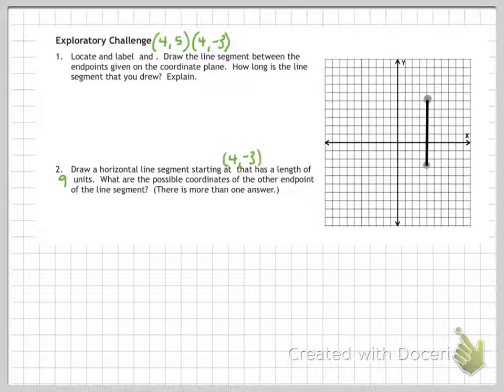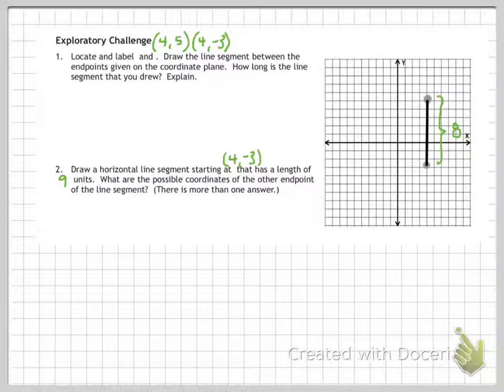The question is, how long is the line segment that you drew? And we could look at the graph here and see that we've got 5 spaces above the x-axis and 3 spaces below the x-axis, and we could add those together to say that it's a distance of 8. We can see it right here. That would be a distance of 8.